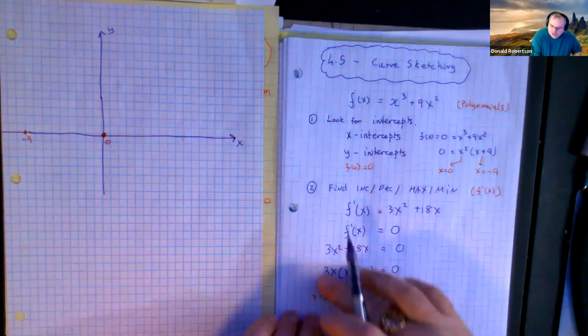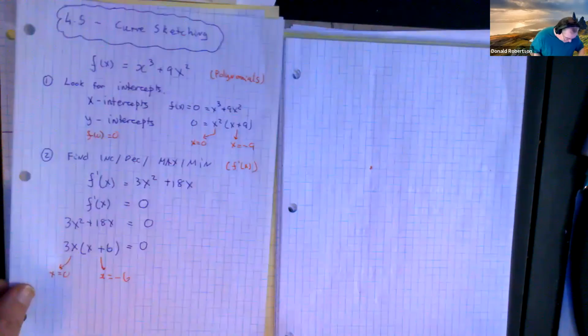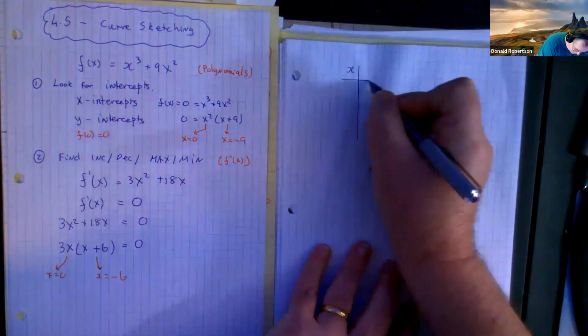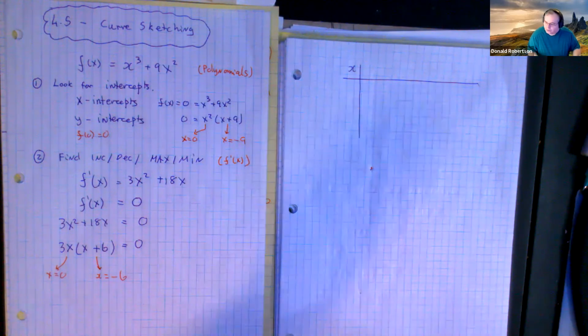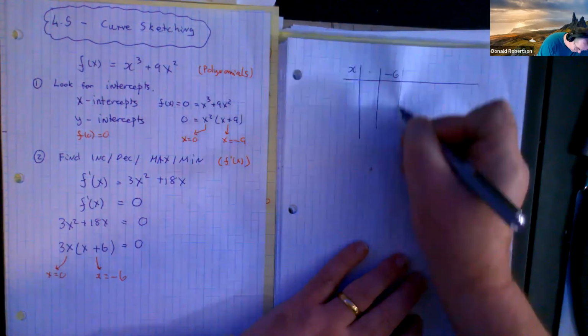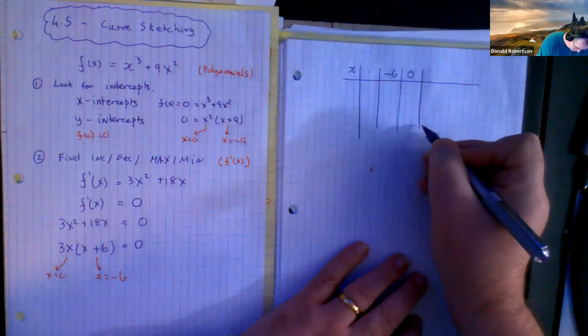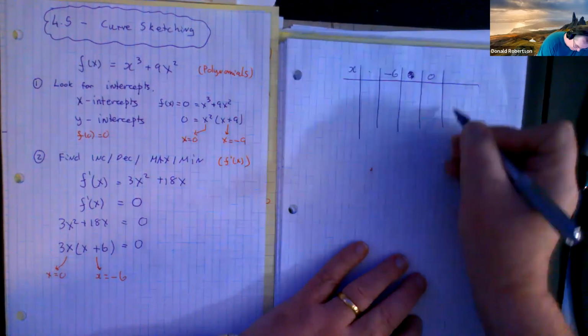And this is a duplication of what we've done in the past. Because all I'm going to do now is set up my table of values, because my table of values is going to tell me increasing, decreasing, and all the other good stuff. So I have a space, -6, a space, that's a space, 0, a space.